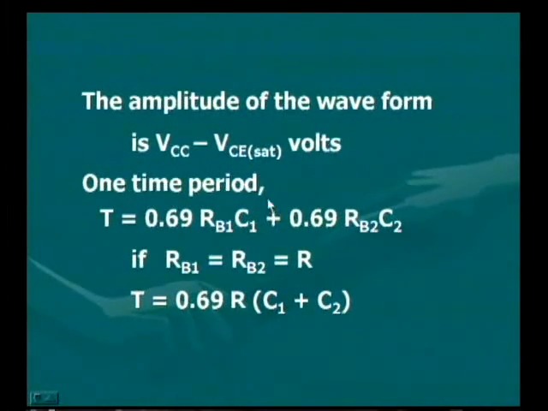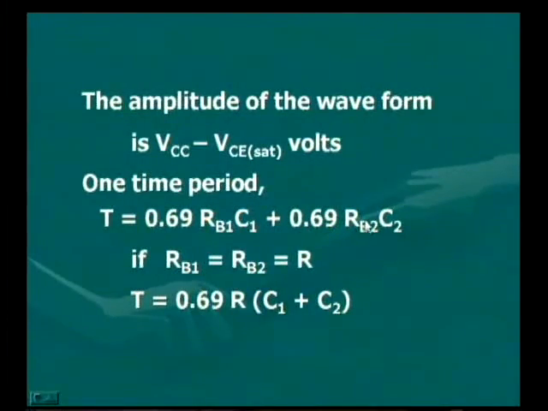and the time period of this output voltage is given by T is equal to 0.69 RB1 C1. This is the first time period provided by these RB1 and C1 elements, plus 0.69 RB2 C2. So the sum of these two will provide the time period.